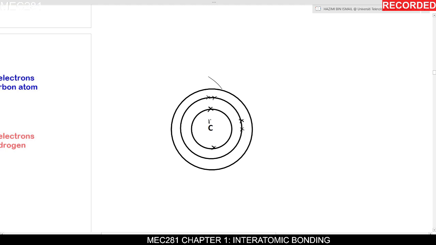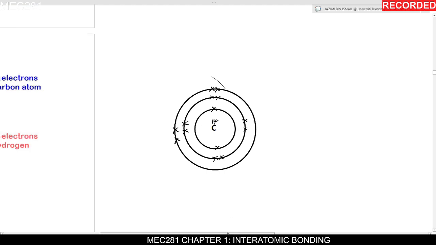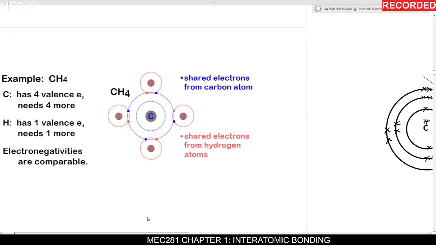Carbon has 14, so we have to put 4 more in the outermost shell.